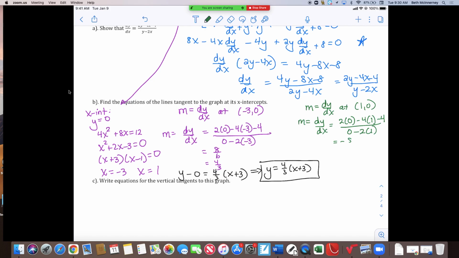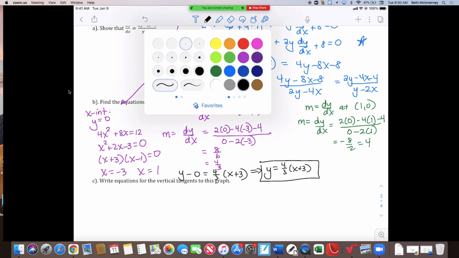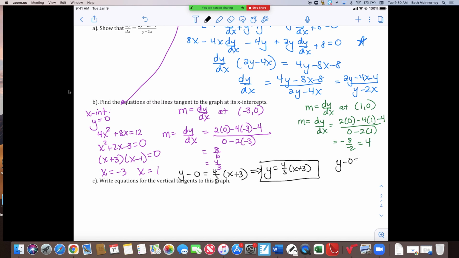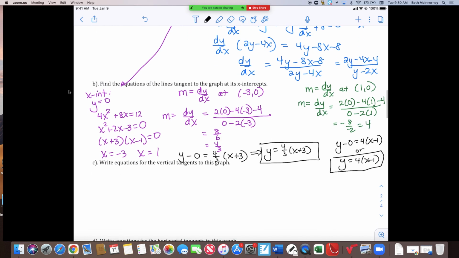So that's negative 8 over negative 2, which is 4. So then I do y minus 0 equals 4 times x minus 1. And of course, you could always multiply it out to y equals mx plus b, but you do not have to. All right, how are we doing so far?